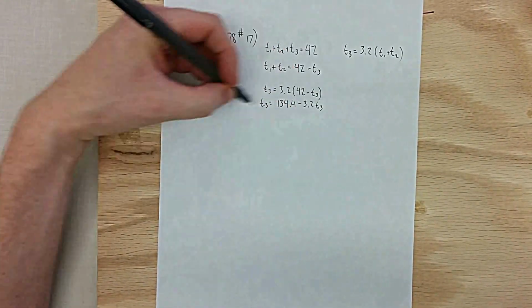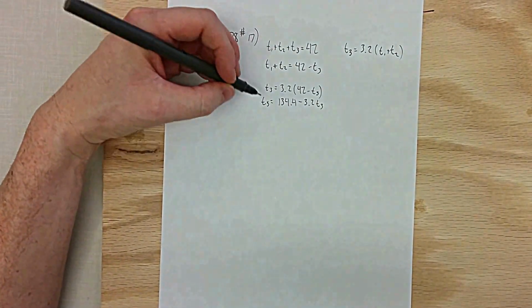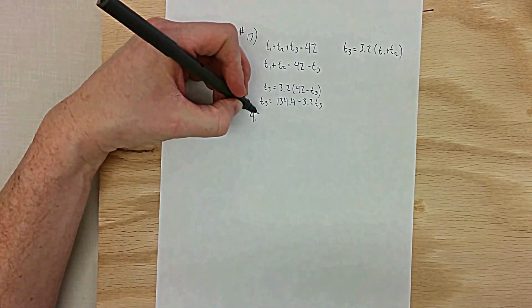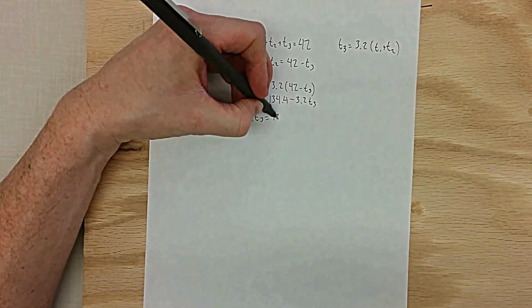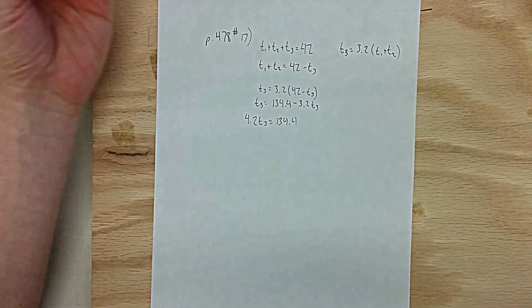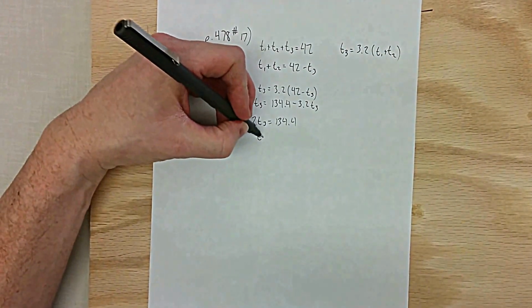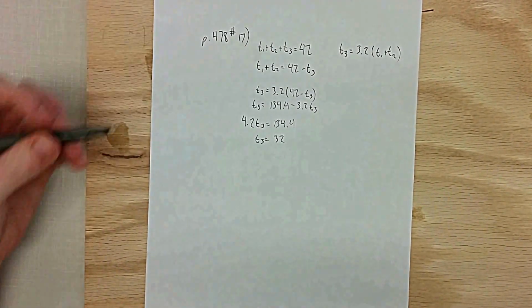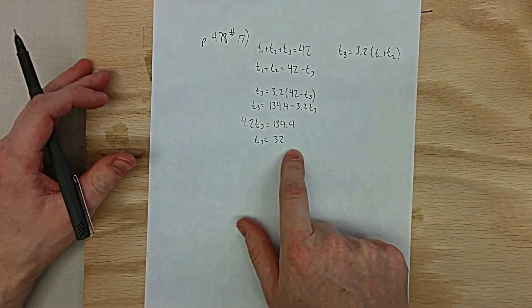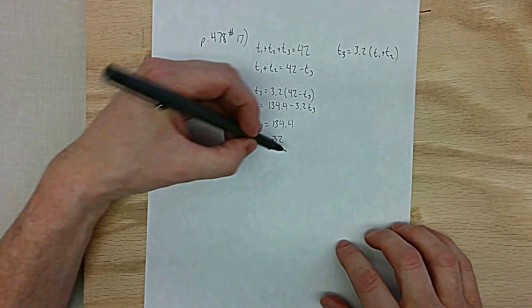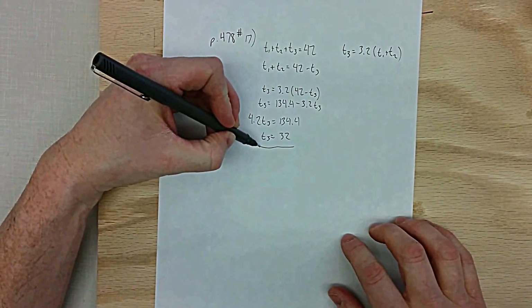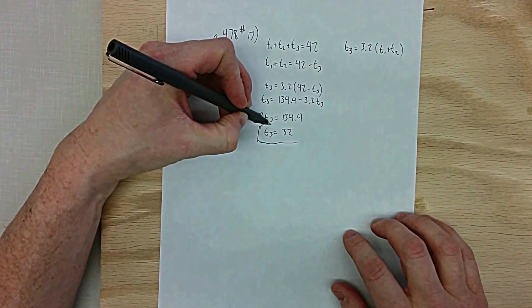So now I'll add that t3 to both sides, and I'll have 4.2 t3 equals 134.4, and then I'll divide both sides by 4.2, and I'll end up with 32. So t3 is 32. Now that's actually part of the answer because we're looking for the three terms, but this is also going to be an important piece of information. t3 is equal to 32.